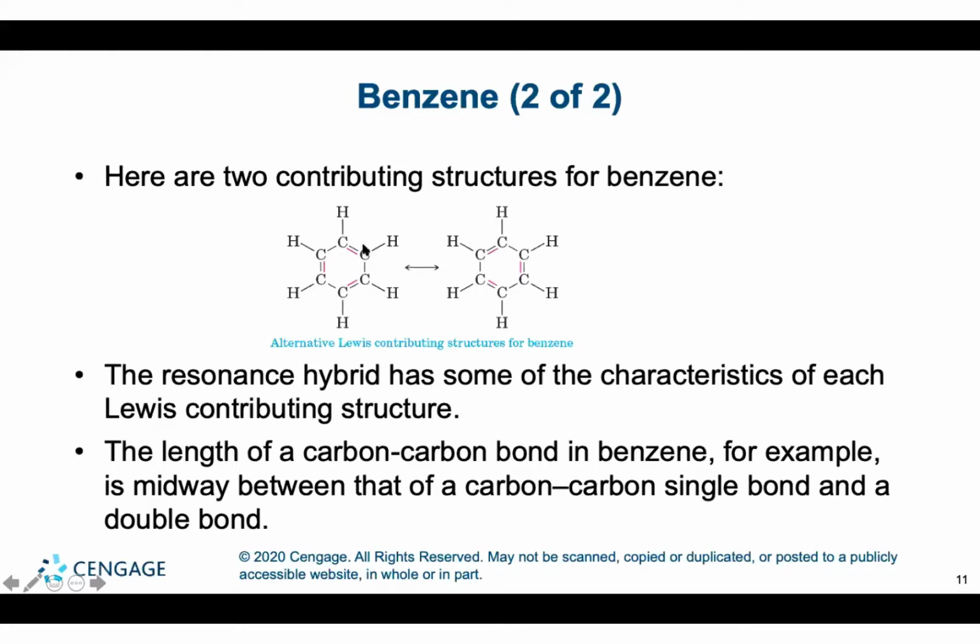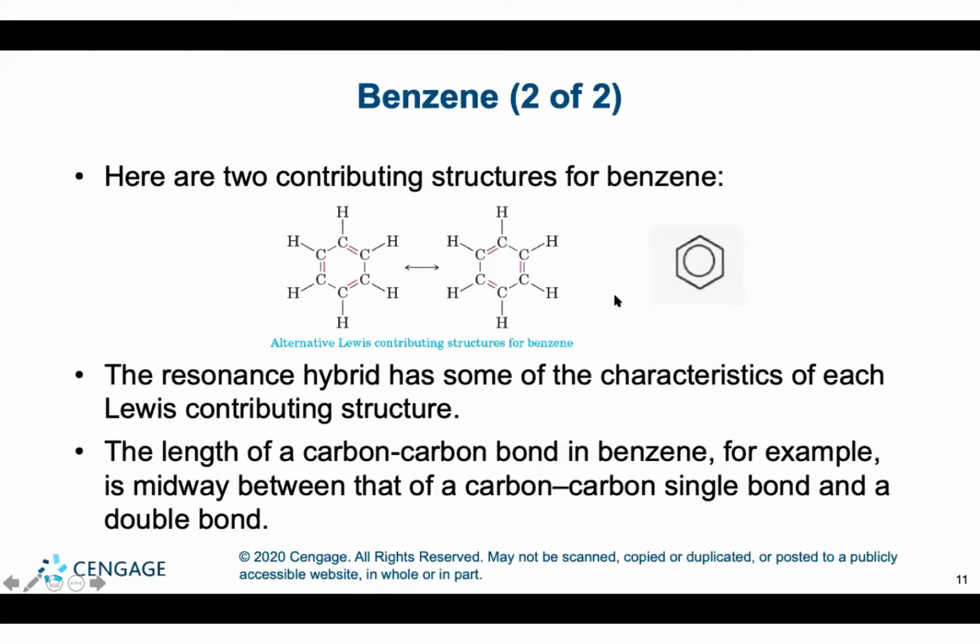So if the double bond switches to the other single bond, instead of being here, it can come here. If we imagine that every other single bond gets a double bond, again we have 3 double bonds in this structure. Okay, so these two are resonance structures of each other.